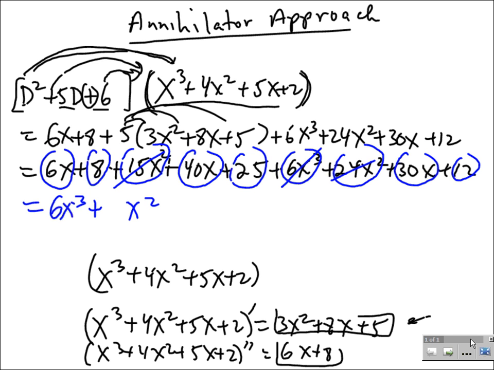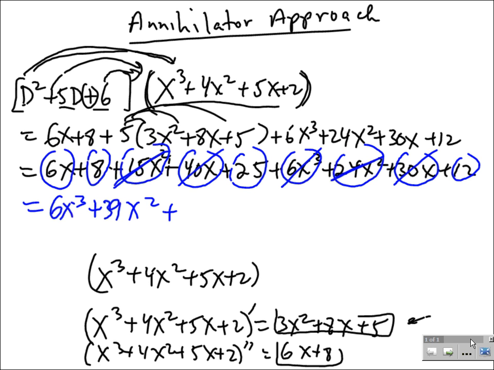Rather, you have 15 plus 24, that's 39. You have 39 x squareds. And when it comes to x's, you have 40 plus 30 is 70. And looks like that's all we have.